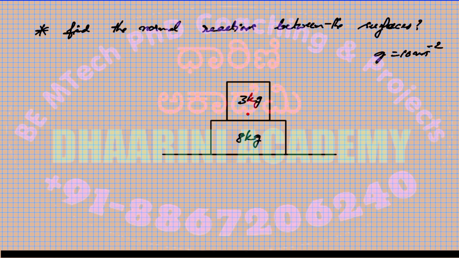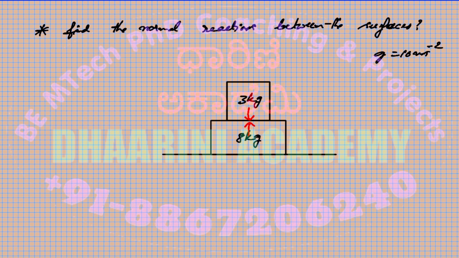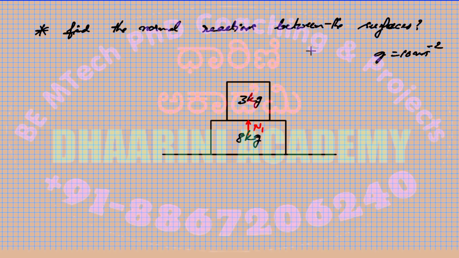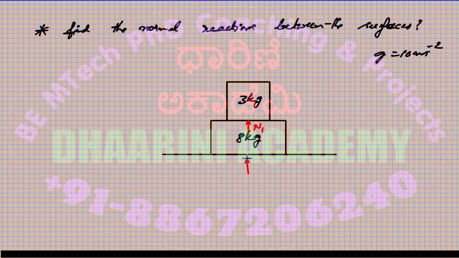That force is balanced by the same amount of force so that the system is in equilibrium. Let me denote that force as N1. This is the first normal reaction, perpendicular. Similarly, the second normal force that exists over here, I denote as N2.